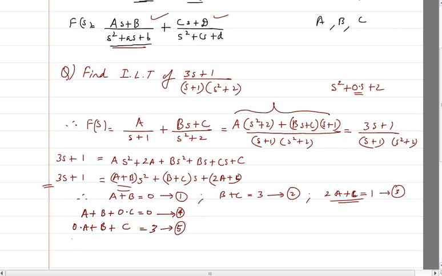The last one will be 2a + 0b + c = 1, which is my sixth equation. So I can write it in this form, and solve this to get the answers.